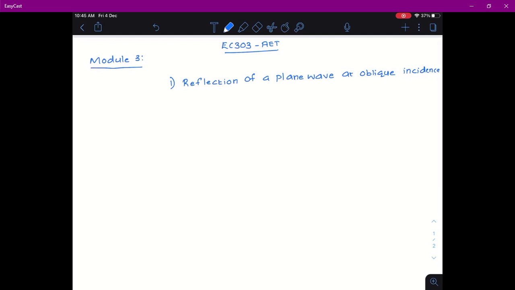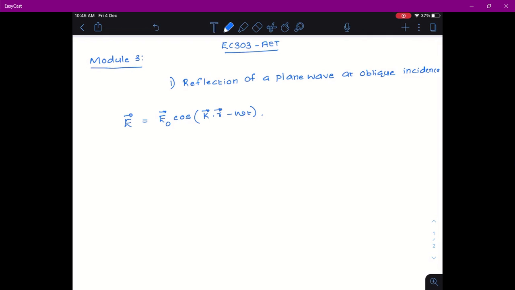We define the electric field E is equal to some E0 cos of k dot r minus omega t. This is a general wave equation, a wave propagating in an arbitrary direction. It can be Z, it can be X, it can be Y, or it can be at some angle between X and Y, or X and Z, or Y and Z, or some angle with respect to all X, Y and Z. So it can be any general direction.